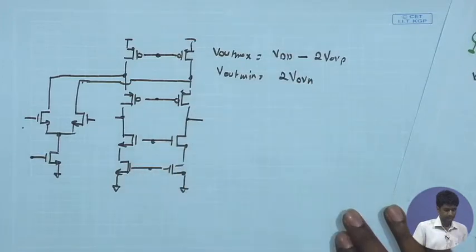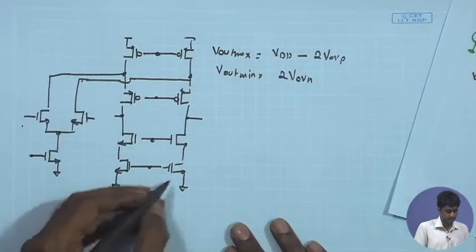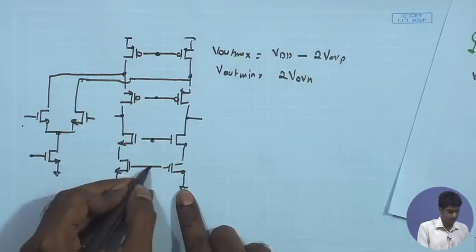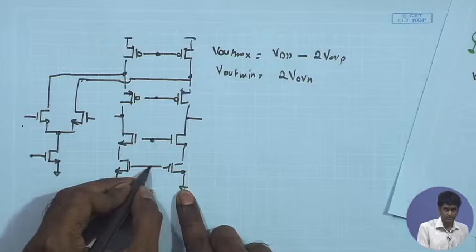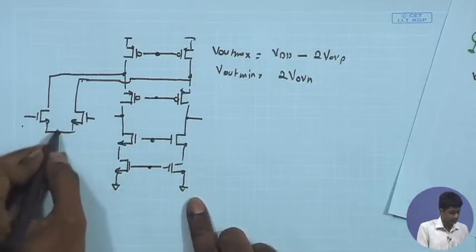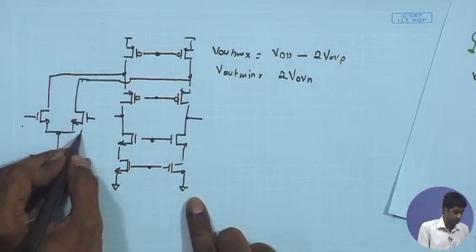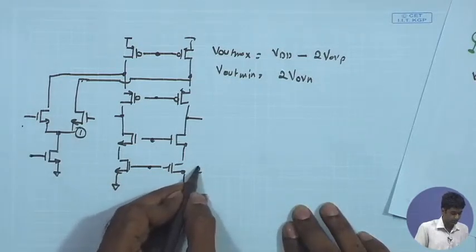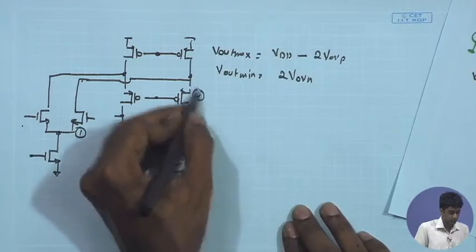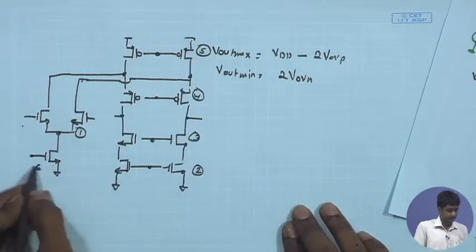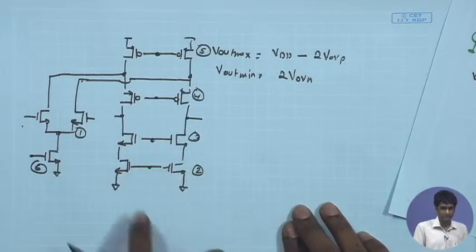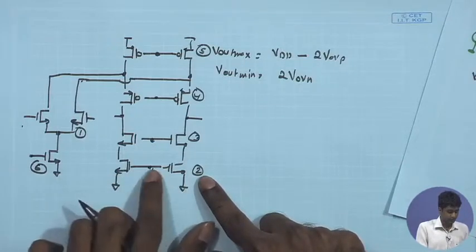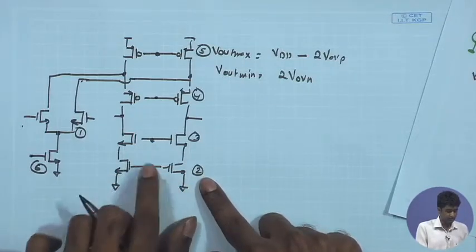Again, if you want to verify, you can just trace from the bottommost level. The voltage over here is going to be the VGS of the MOSFET. If I call this M1, M2, let me call this 1. Both together are 1, and this is together 2, 3, 4 and 5. This one 6. I am just numbering the pairs. Here if I look at the bottommost level, you are having some VGS2.